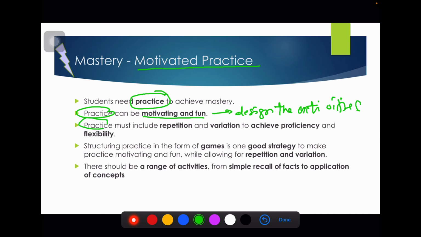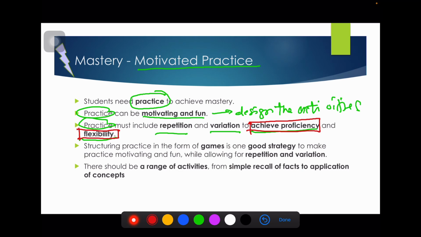Practice must also include repetition and variation to achieve proficiency and flexibility. So the main aim in doing motivated practice is to achieve proficiency and flexibility.